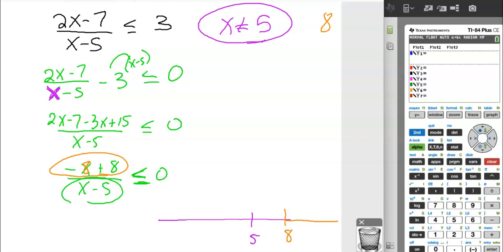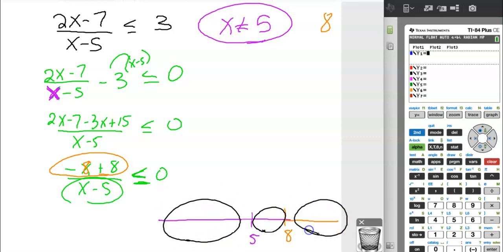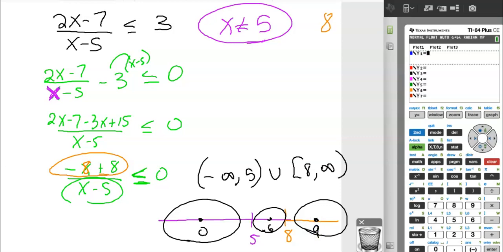So if you look at this, we're looking at numbers over here, we're looking at numbers in between there, and we're looking at inside or outside of that as well. So you're just going to have to consider each one of these. Again, pick a number over here like 0, pick a number in here like 6, and pick a number over here like 9. And then try those numbers and see if they actually work. So just to conclude, notice I found from negative infinity to 5 works.